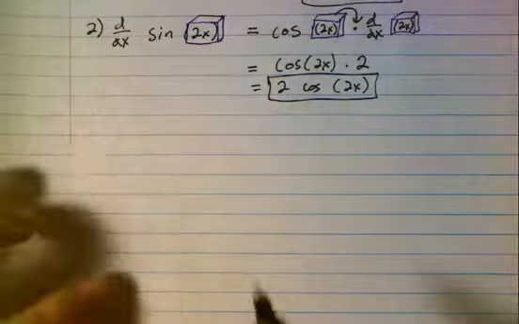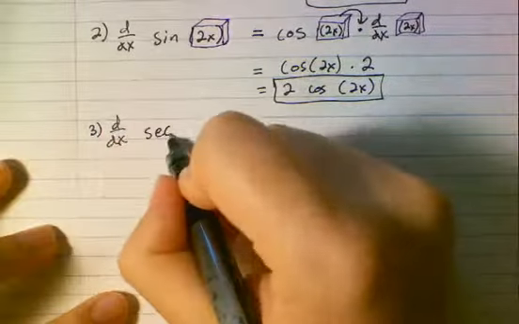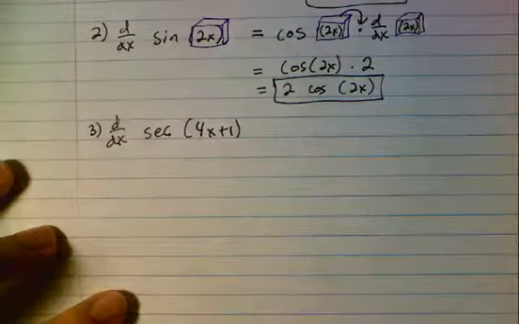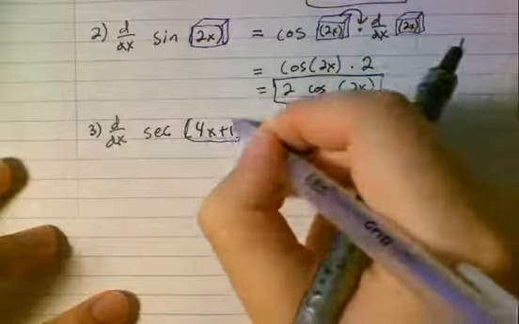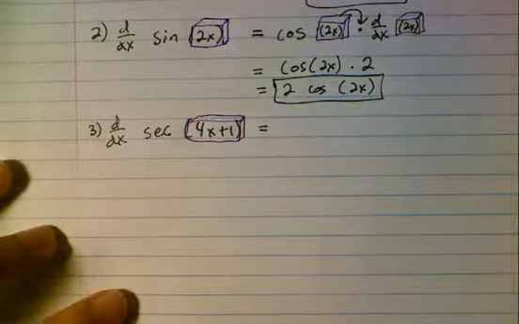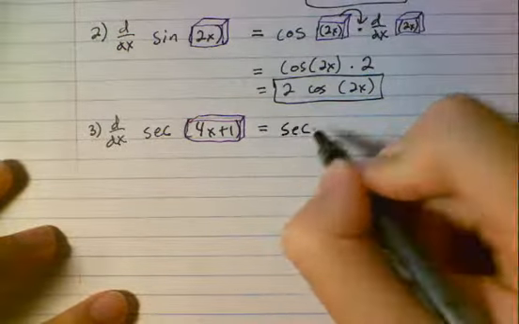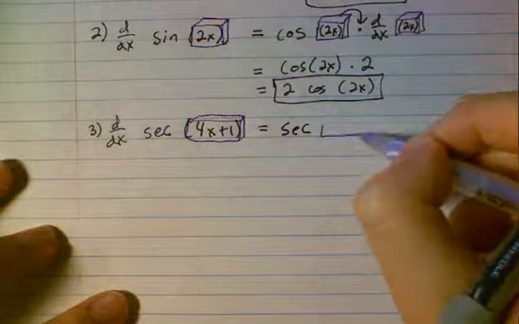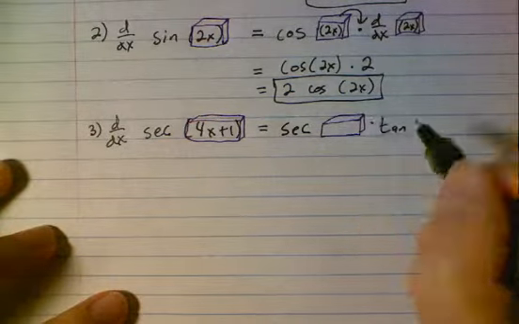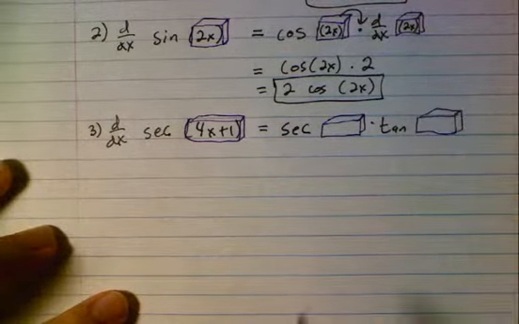This happens with all sorts of trigonometric functions. So if we say that we're doing the derivative, let's say of secant 4x plus 1, as soon as we see that trigonometric function, there's our box. We know that secant, the derivative is secant times tangent of whatever is there. So we've got secant of the box times the tangent of the box.